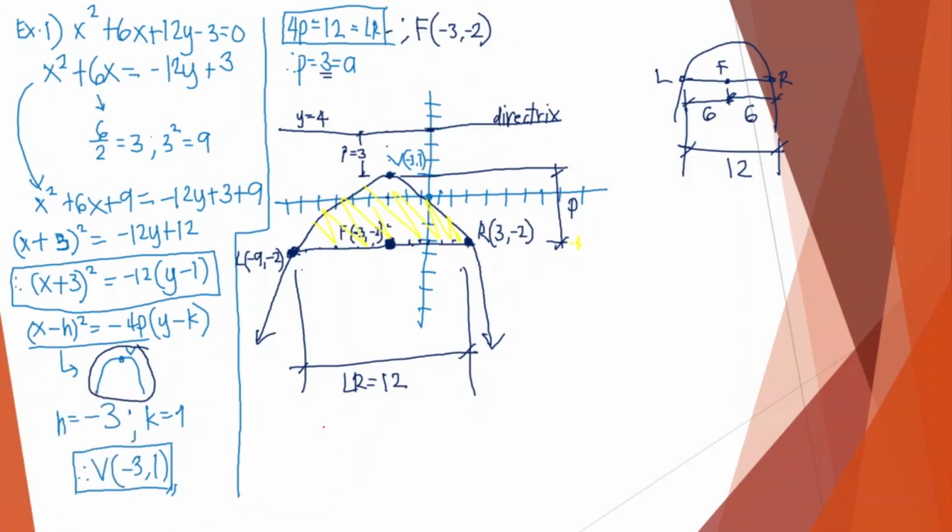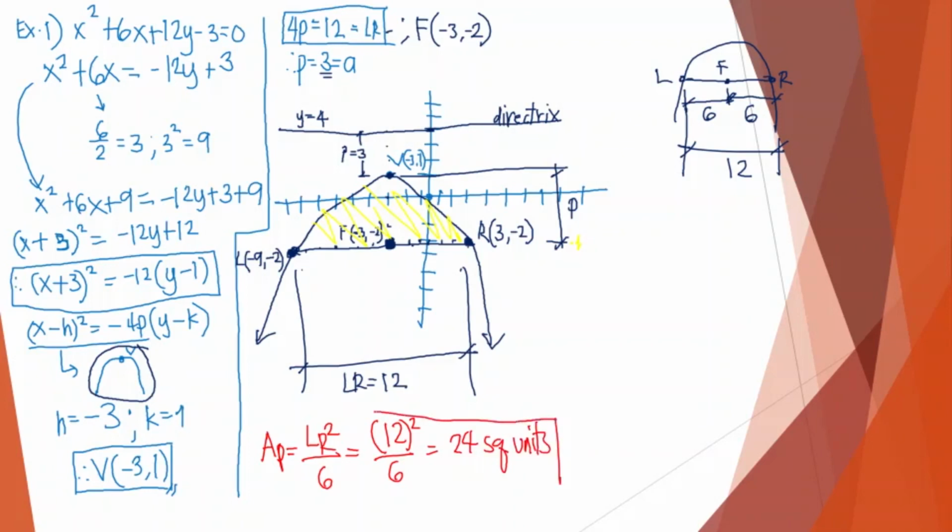We have AP is equal to LR squared over 6. So LR is 12, squared, over 6. This is equal to 24 square units. This is the area bounded by the parabola and the latus rectum.